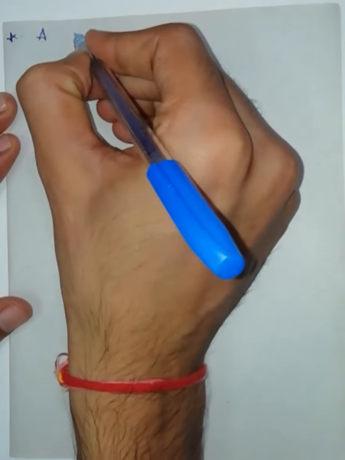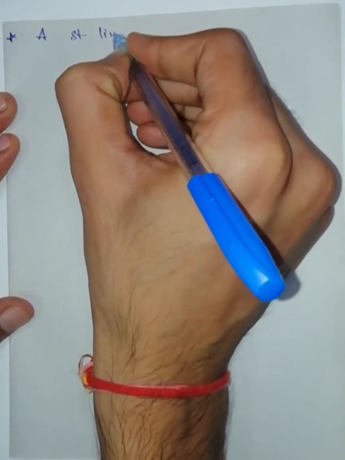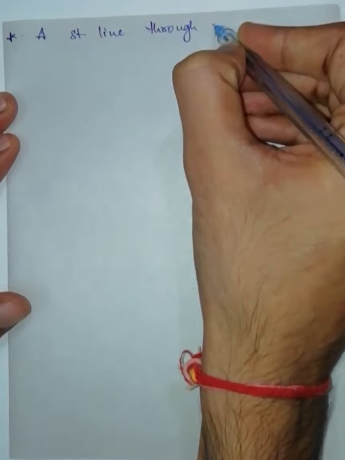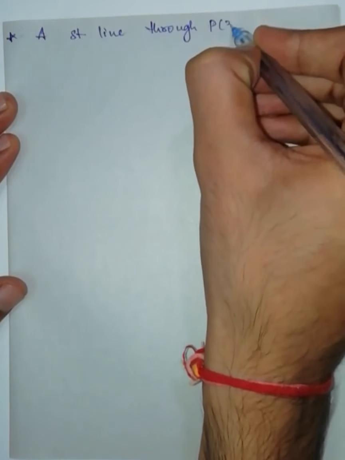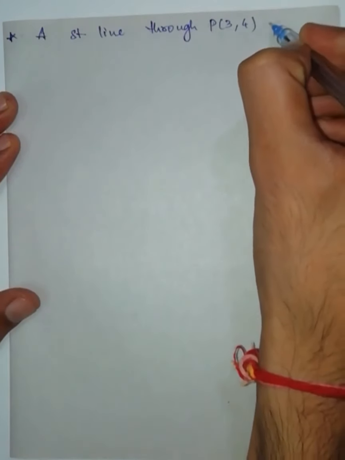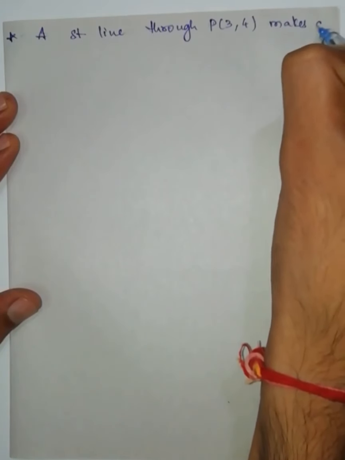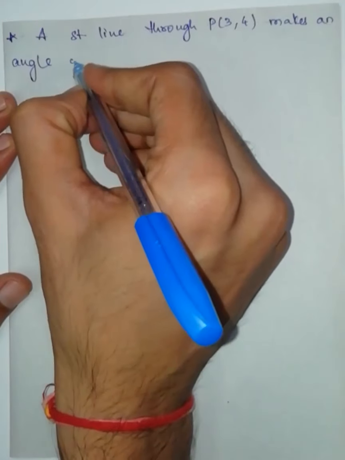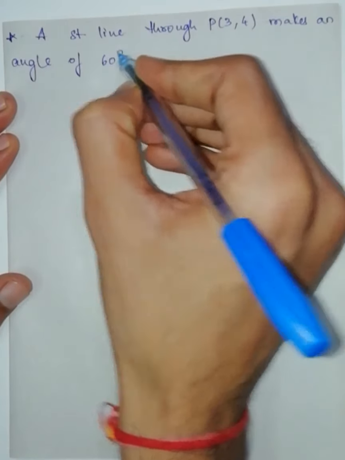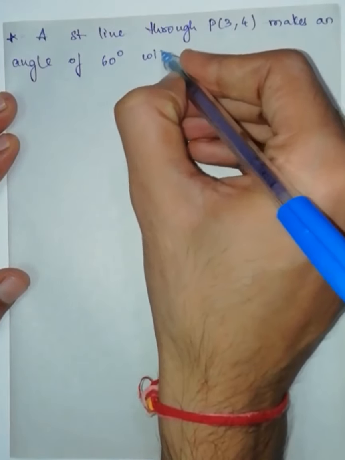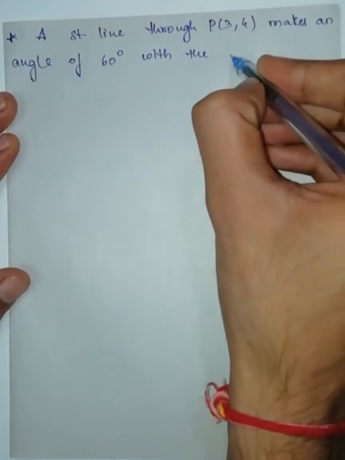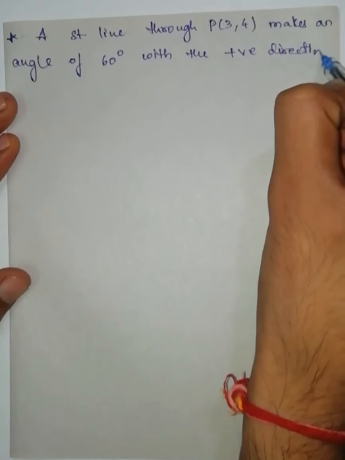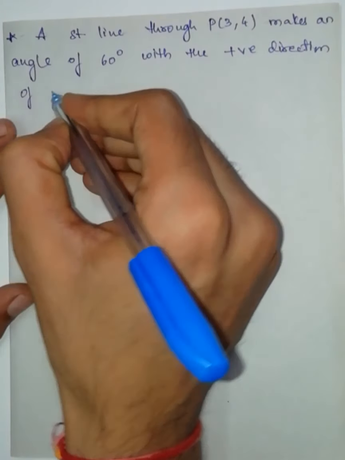A straight line through the point P of 3 comma 4 makes an angle of 60 degrees with the positive direction of the x-axis.